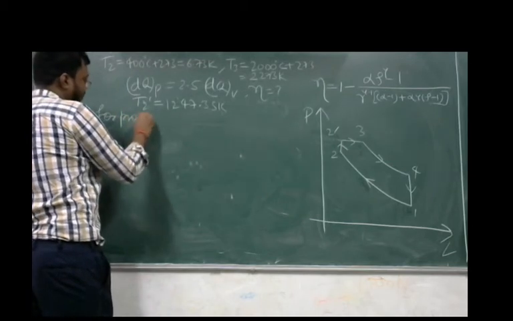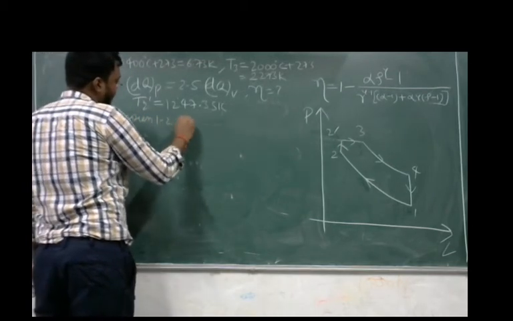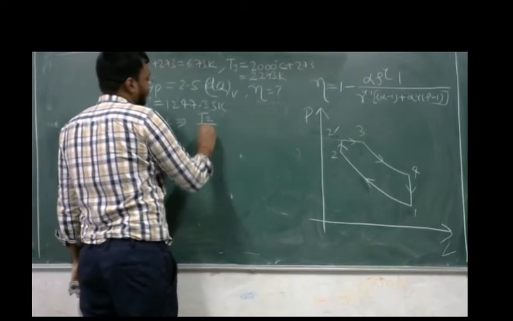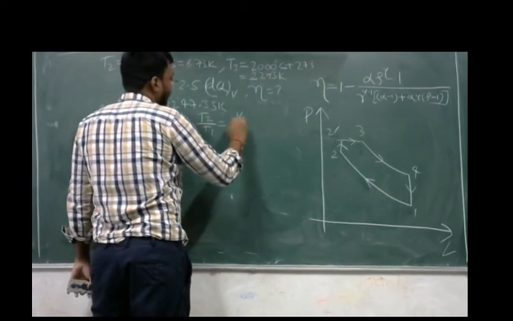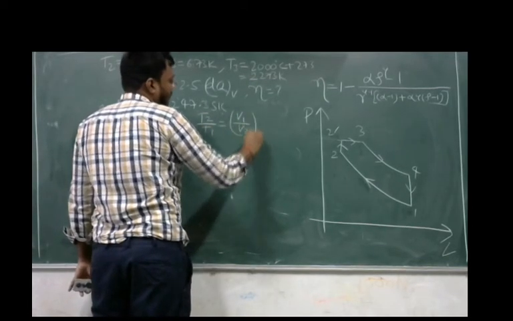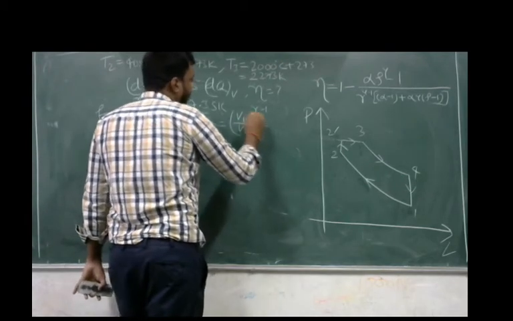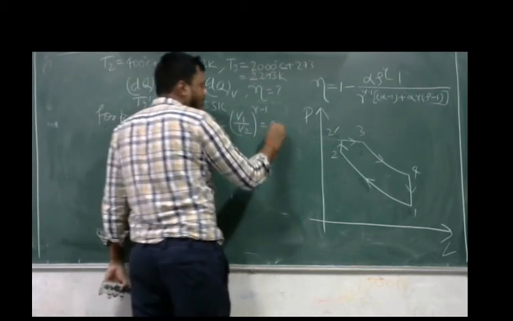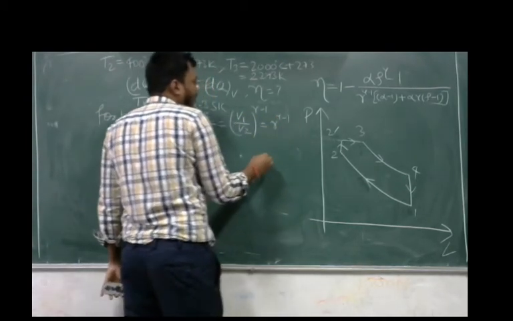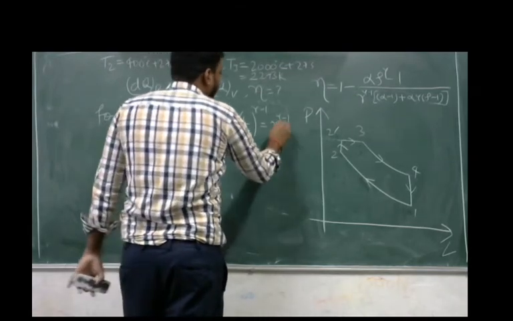For process 1 to 2 we can write T2 by T1 equal to (V1 by V2) to the power gamma minus 1, where V1 by V2 is the compression ratio r. So here we can find the value of r.